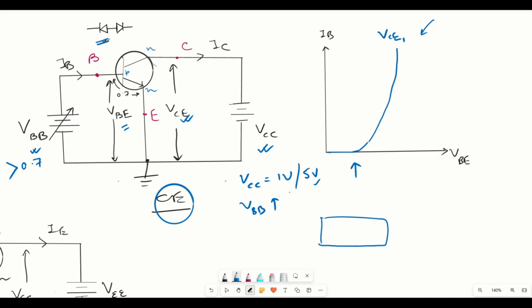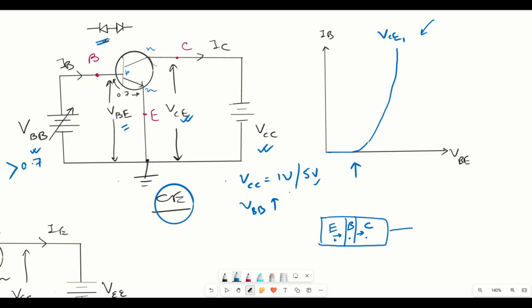So if we go back to the block diagram, or the transistor drawn as a block, what we have discussed here is that the electrons will move from emitter to the base, and then move to the collector, right? This was the movement of the electrons.